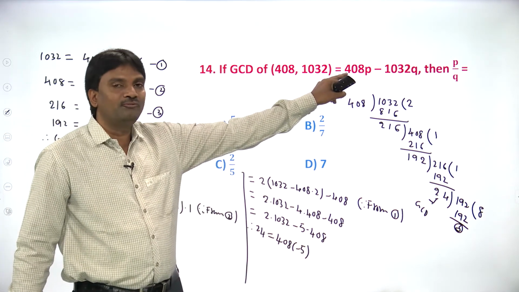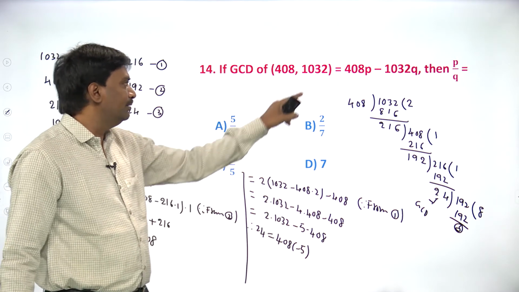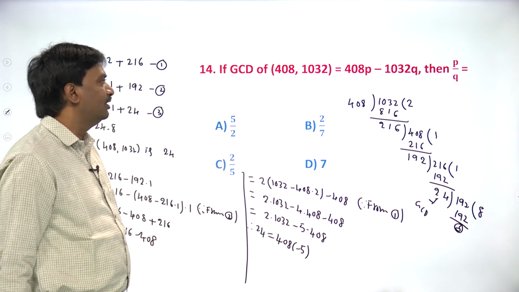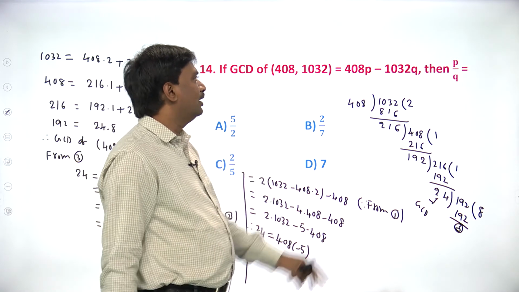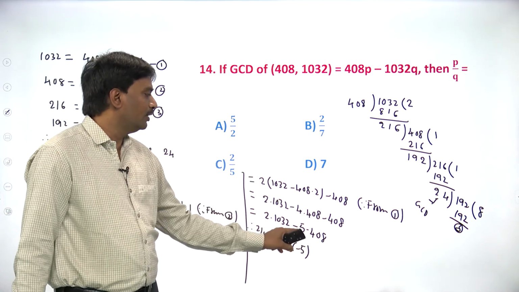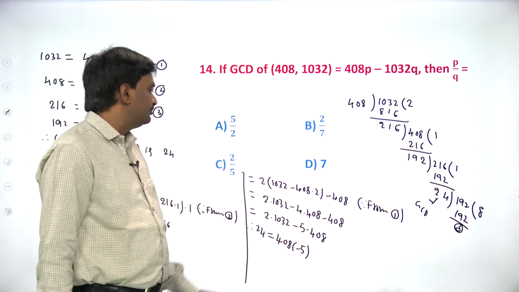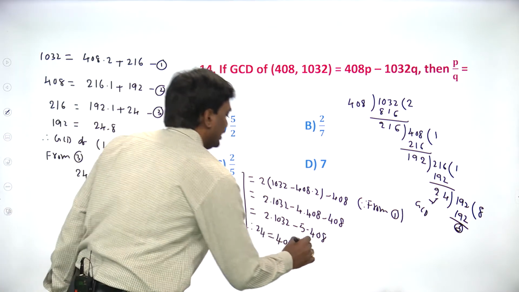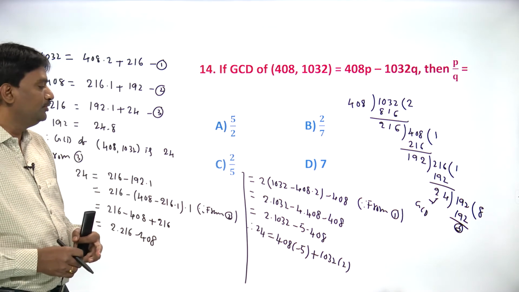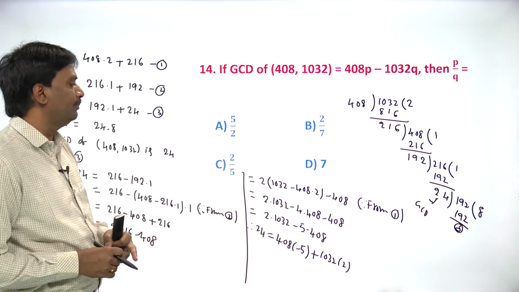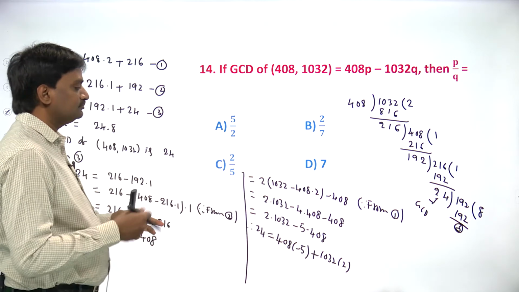Then minus 1032 into Q. But here we have 2 into 1032, so if we write plus in place of minus, 408 into P means in place of P we have minus 5, 1032 Q means in place of Q we have 2.